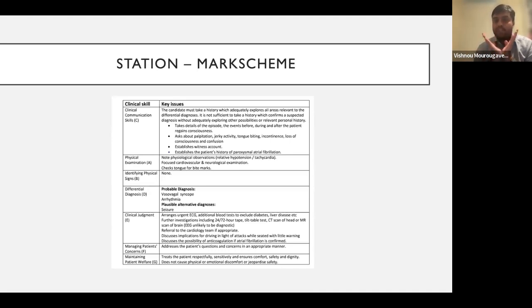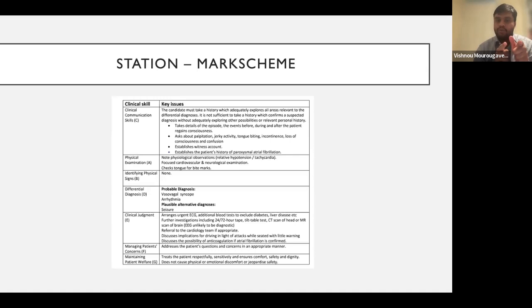Clinical judgment, absolutely fine, because your plan was perfect as you still did the test that would get you the diagnosis. And you've managed the patient's concerns, no problem. Managing patient welfare, no problem. So overall, you're going to pass the station. The issue is to think about this as a driving test.